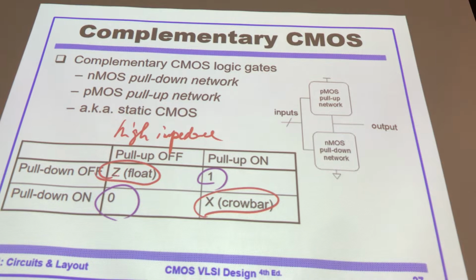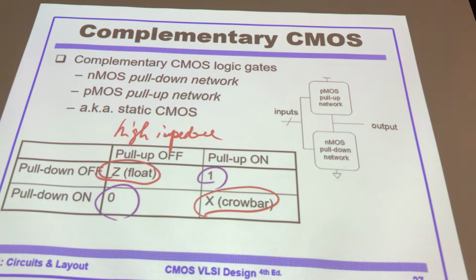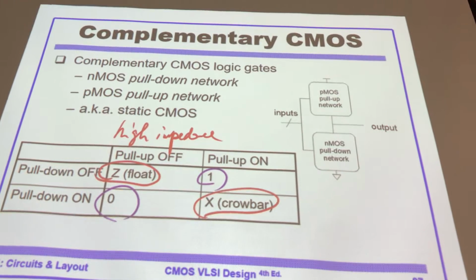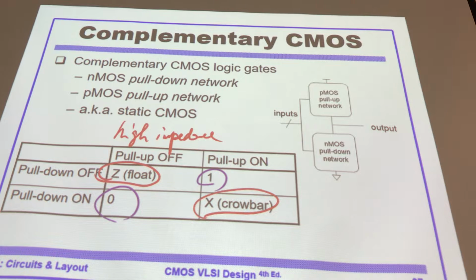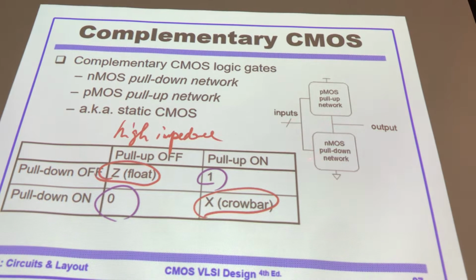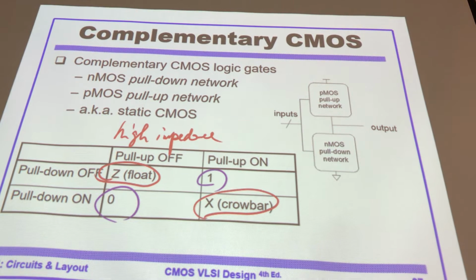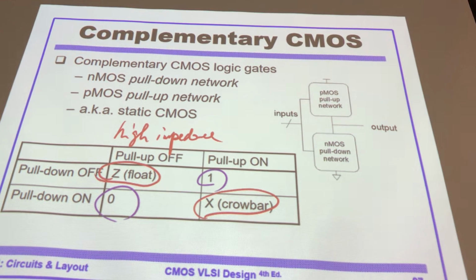Z, the symbol is Z, meaning there's no signal, not 0, not 1, no voltage at all. Right? That's floating when both are off. When both are off, no connection to any power source. So there's no signal. And the other one is both are on.